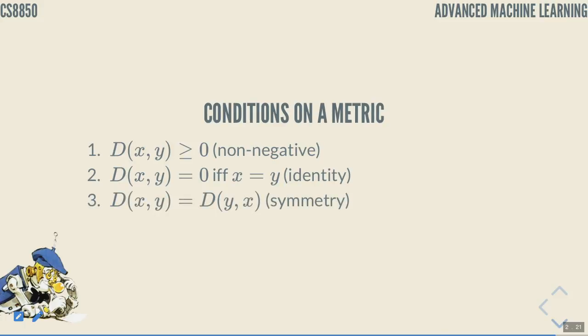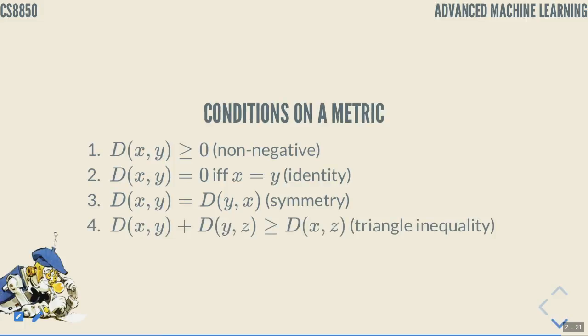Another one is symmetry: the distance between x and y is the same as the distance between y and x. Another important one is the triangle inequality. You remember the triangle inequality: the third side in a triangle cannot be longer than the sum of the other two.